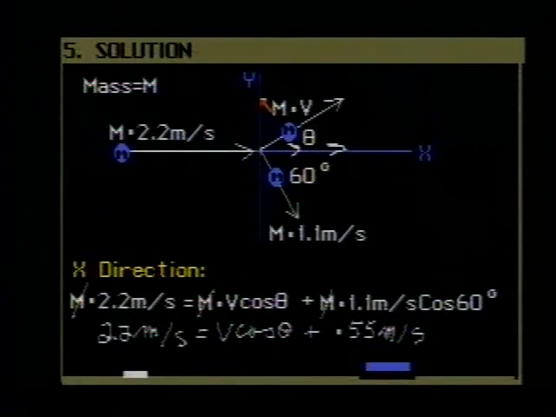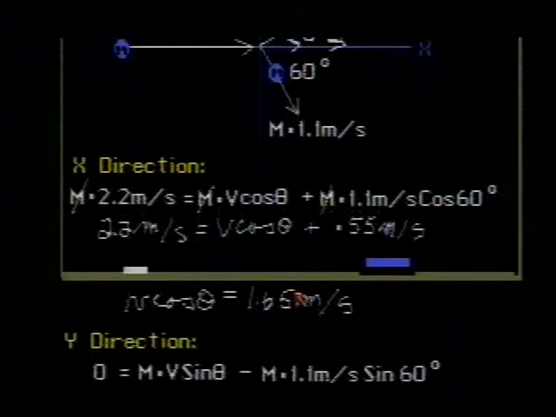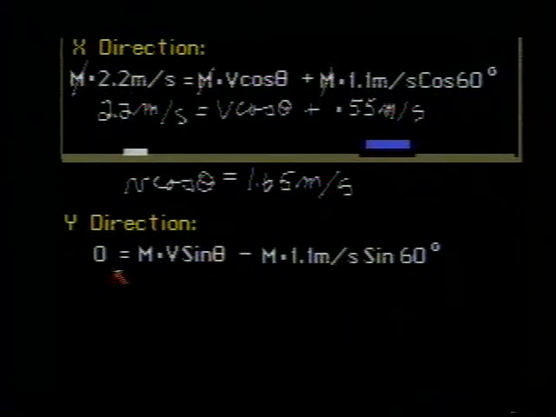And then the component in the y direction for the 8 ball is m times 1.1 meters per second times the sine of 60 degrees. And since it is downwards, we're going to call that negative. So I've written that 0 is equal to mv sine theta minus m times 1.1 meters per second times the sine of 60 degrees.